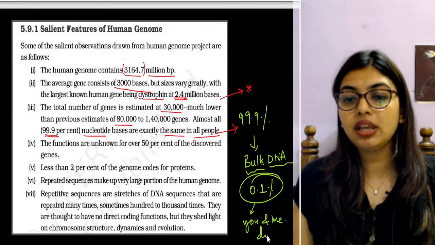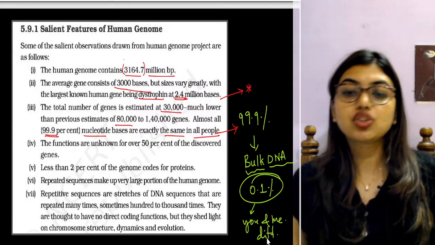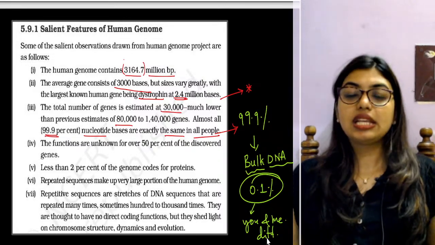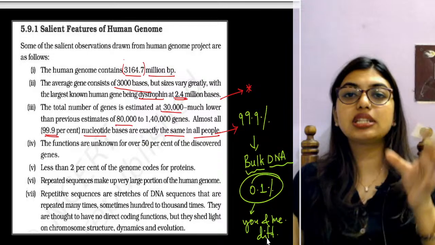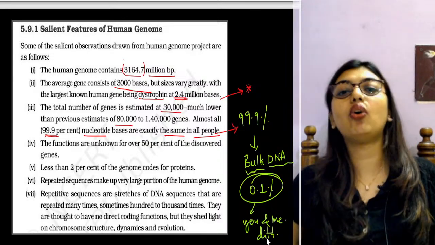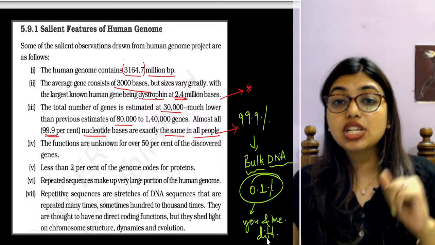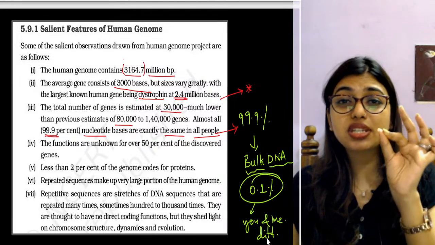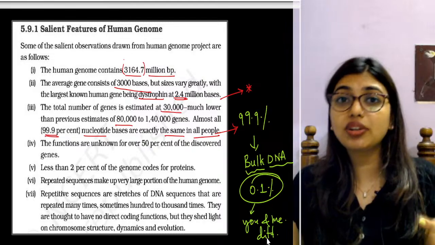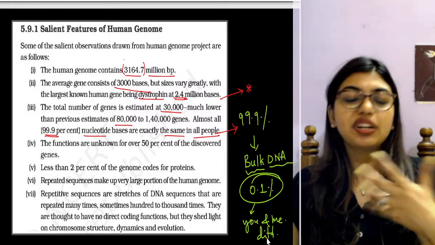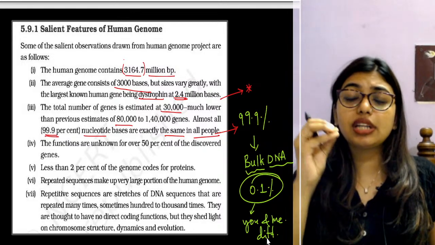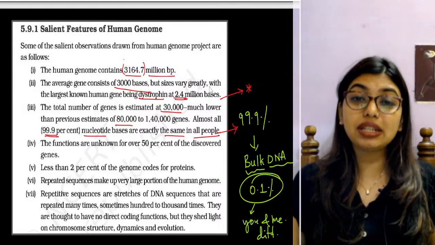It is not like a mass of DNA has changed. What has changed is 0.1%, and that 0.1% is enough to make you and me look and behave so differently. Understood? So that 99.9% DNA, you can call it bulk DNA.